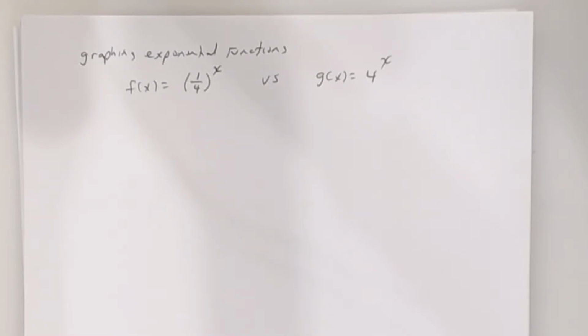Remember, an improper fraction is a number that's bigger than 1. A proper fraction is where the numerator is smaller than the denominator. So that's a number less than 1, right? Between 0 and 1?